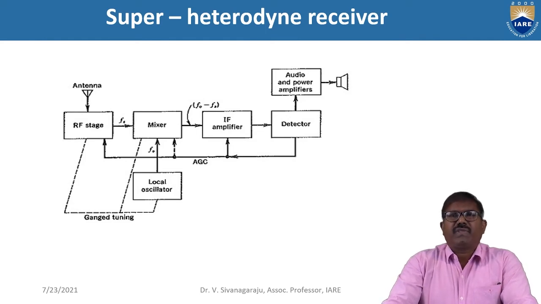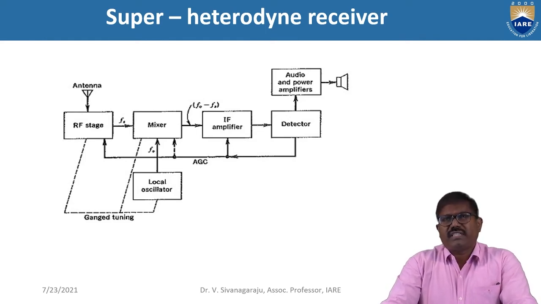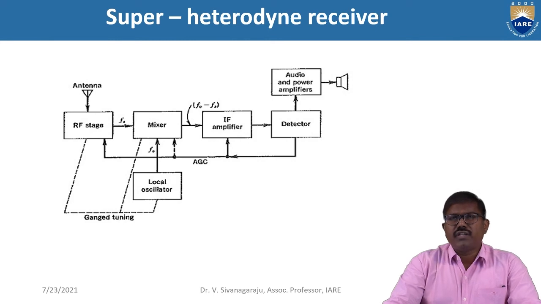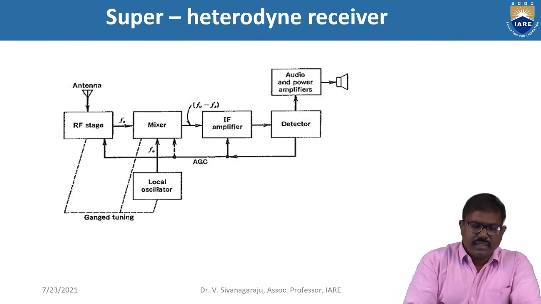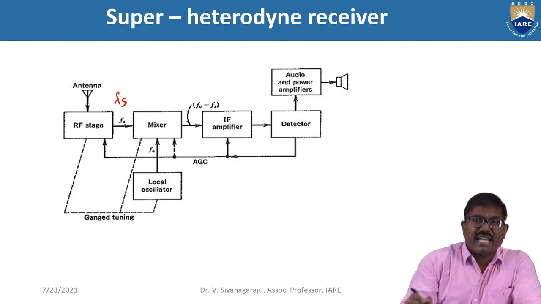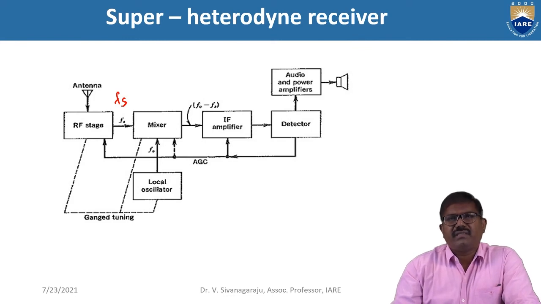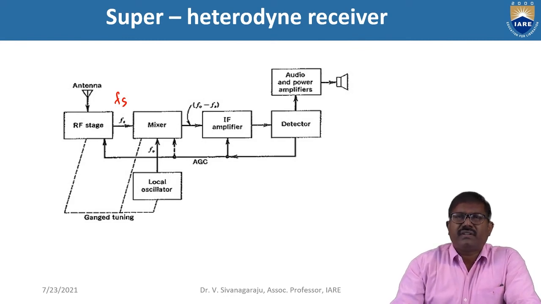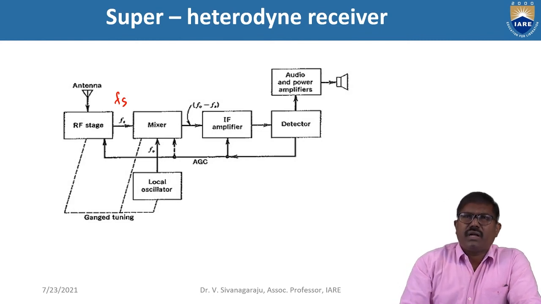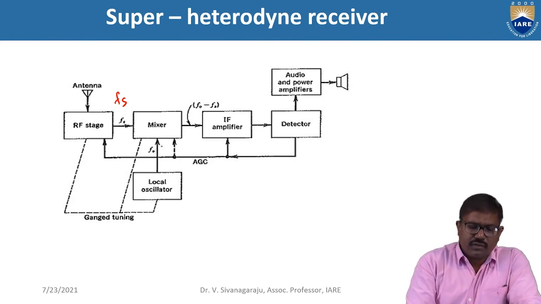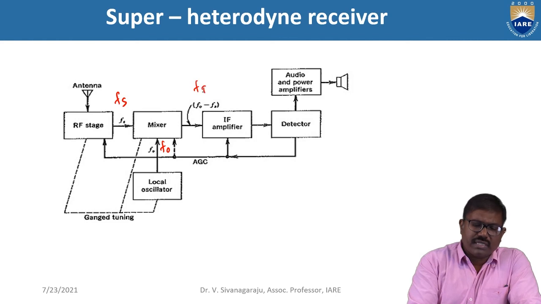In the second problem, they gave this RF stage, that means the signal which is going to be tuned. Here it is taken as Fs, the signal frequency tuning range. Another one is the local oscillator frequency, here taken as F0. And here it produces FIF.